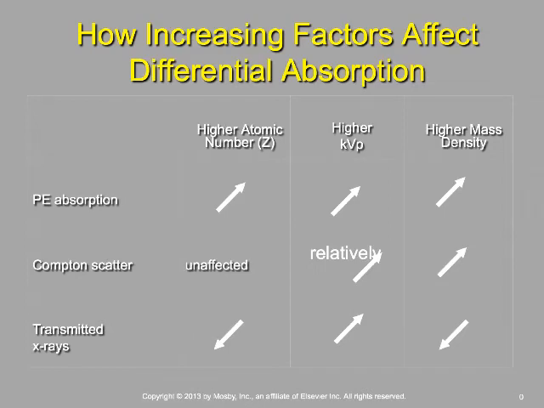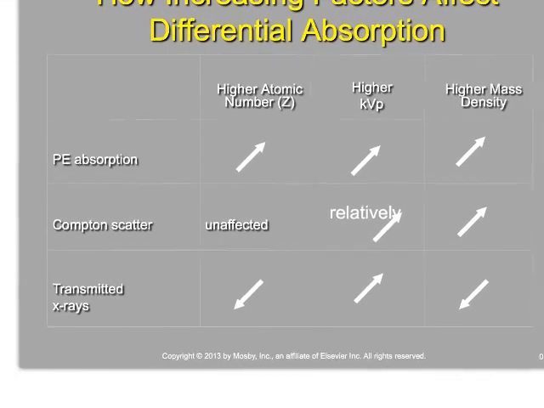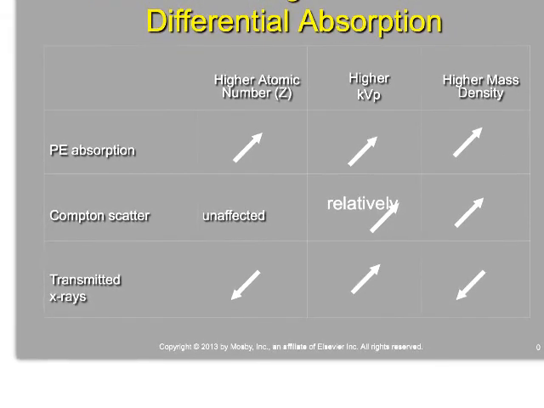Okay, here's another way of thinking about it. I want to present us with as many ways to think about this as possible. So if I have a high atomic Z number, photoelectric absorption will increase. Compton doesn't care. So the overall transmitted X-rays will decrease.